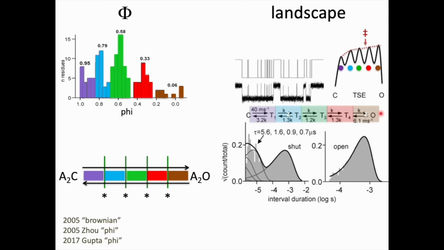So you can look at those rate constants if you're interested in those. But what we can do is again turn to simulations and take our model derived from the phi values and simulate currents, and we can see that we predict that there are 1, 2, 3, 4 very brief intermediate shut states inside the shut histogram, at infinite bandwidth.